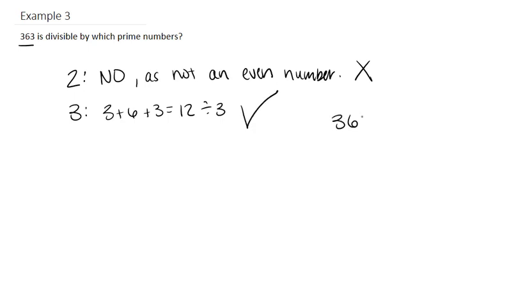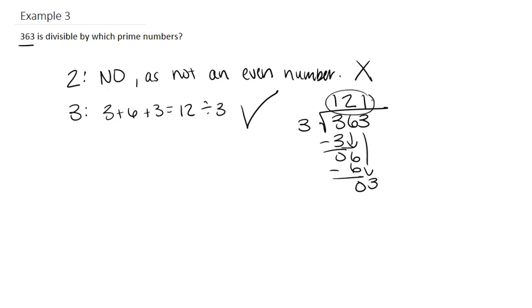So let's look at this. 3 can go into 363 how many times? So 3 can go into 3 one time. 3 times 1 is 3. We subtract, we get 0. Bring down the 6. 3 can go into 6 two times. 3 times 2 is 6. Subtract, we get 0. Bring down the 3. 3 can go into 3 one time.